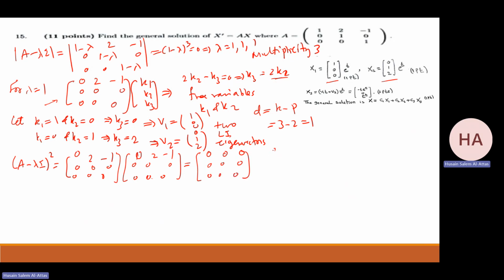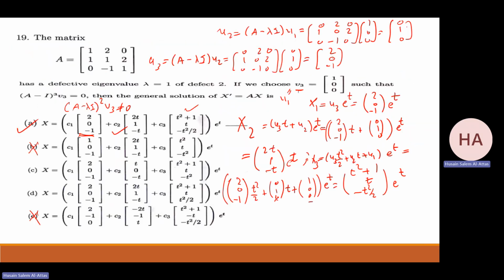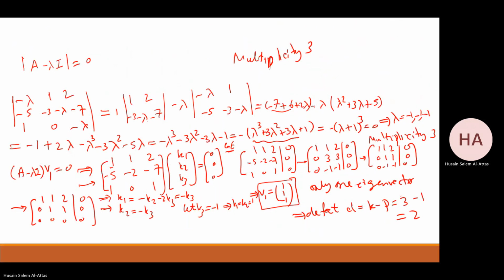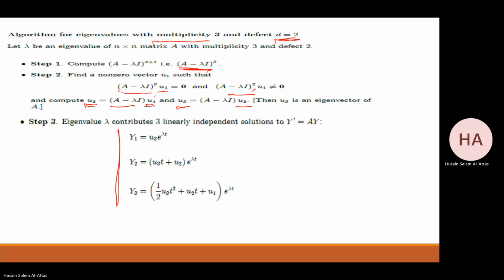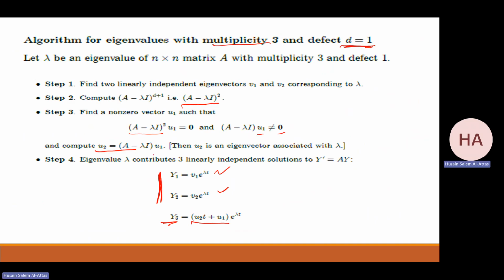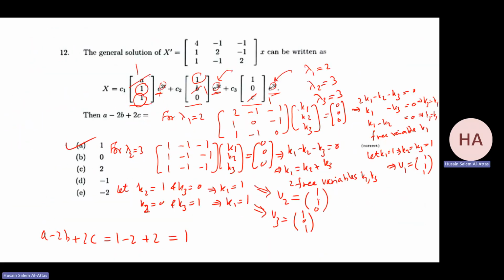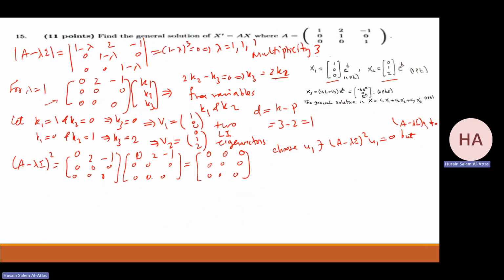Okay, so I need to choose U1 such that (A minus lambda I) squared U1 is equal to 0, but (A minus lambda I) U1 is not equal to 0. Yeah, this is the condition. Now let me do the calculation.